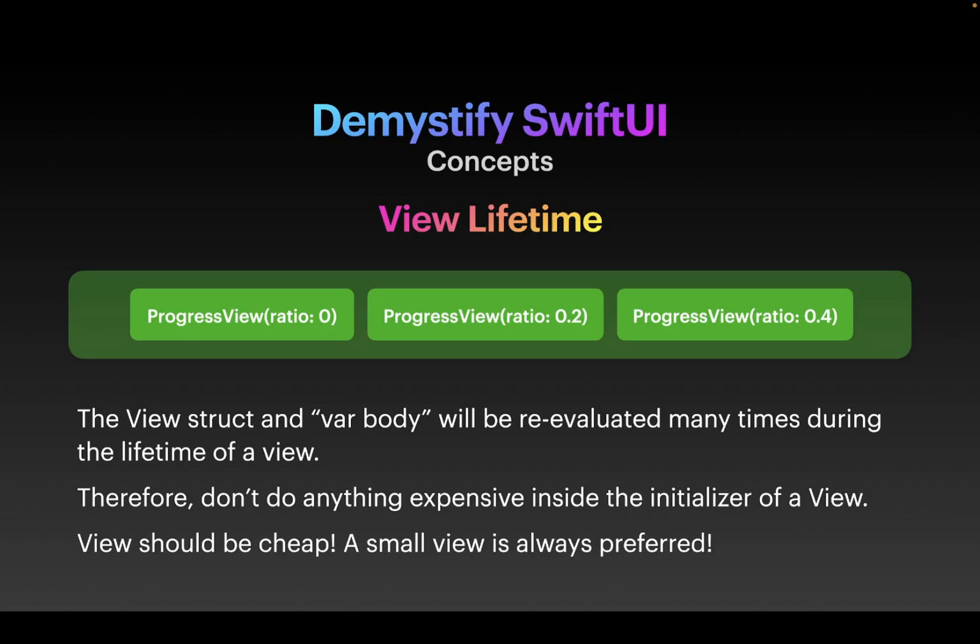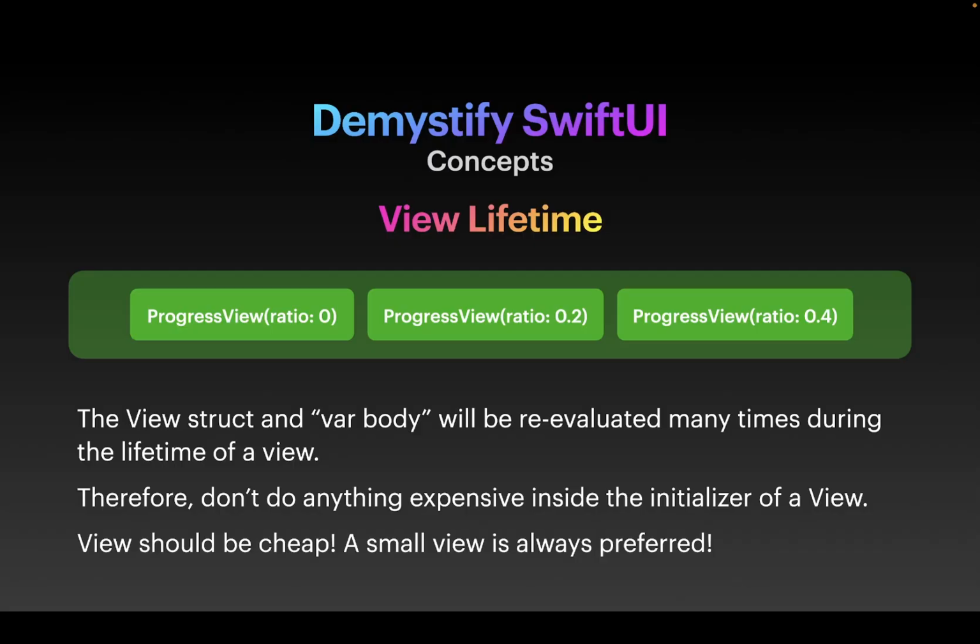And if you already know some programming, you may know you can use a dispatch queue to dispatch some work to the background. But actually, Apple doesn't recommend doing all these things in the initializer. So just keep all this expensive stuff away from the initializer.